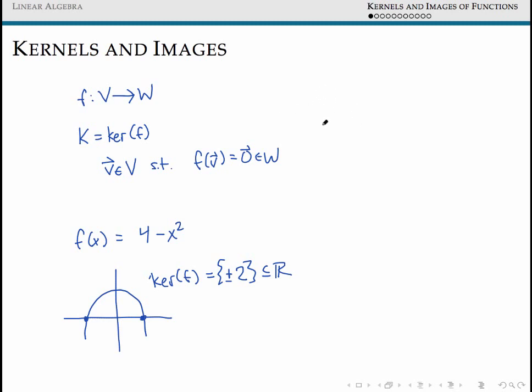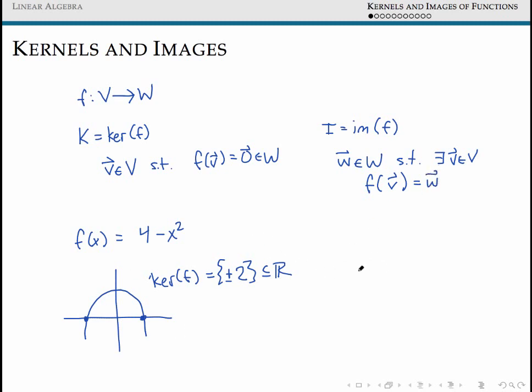The image of a function, which we may call I or image of f, is the set of all vectors w inside W such that there exists a vector v inside V such that f of v is equal to w.